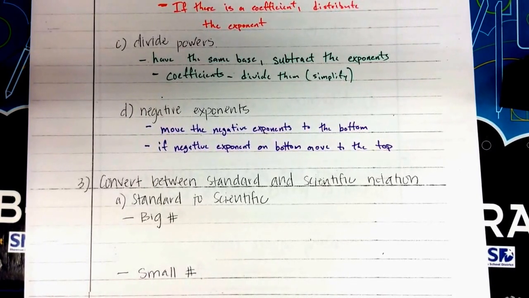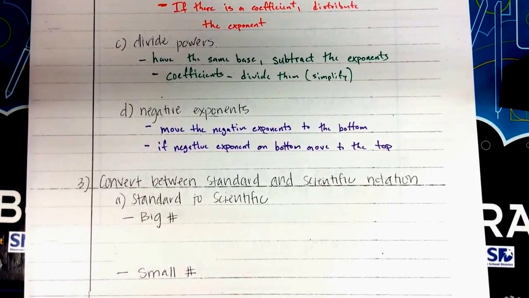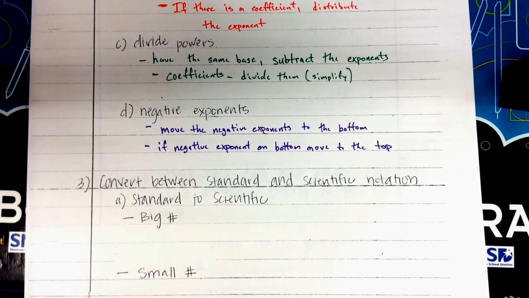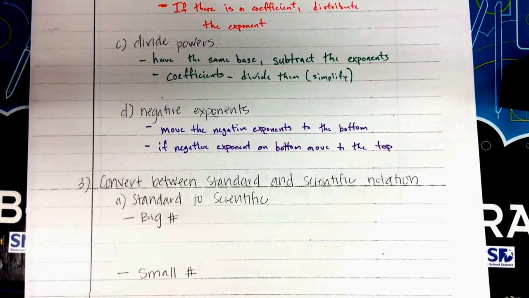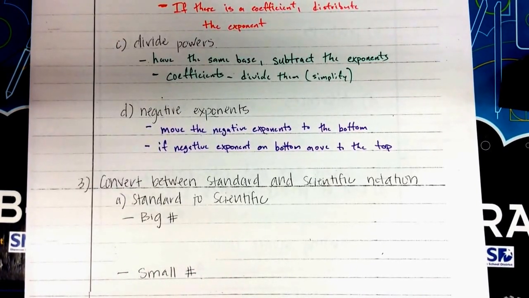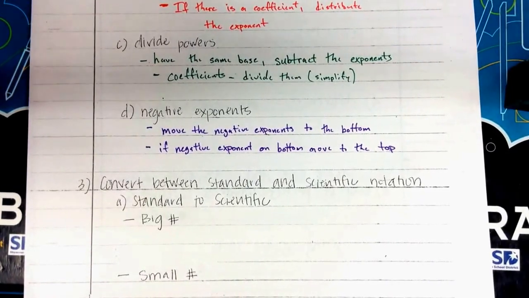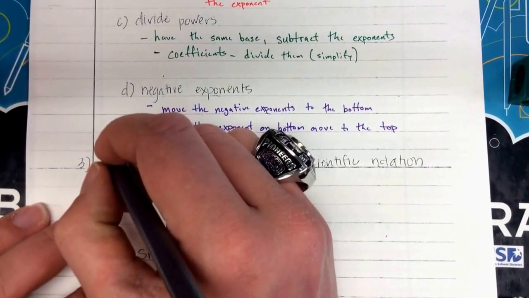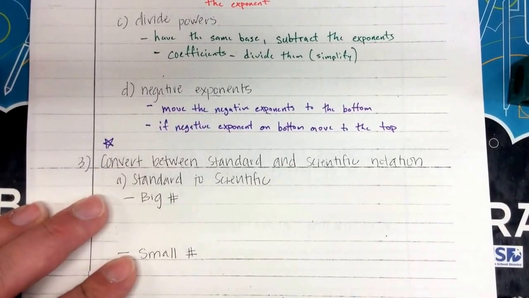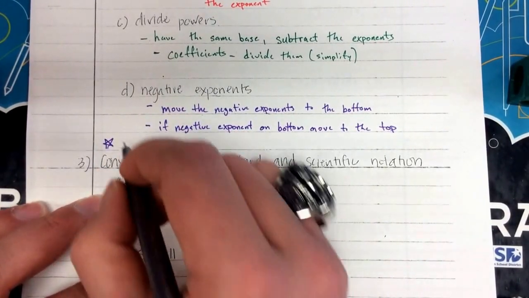You cannot have any negative exponents. Good. So when you move the negative exponent to the top, or the bottom to the top, do you keep the negative sign? You just make it a positive number, right? Because once again, you cannot have negative exponents. So you guys need to remember that. After you move it, change it to a positive.